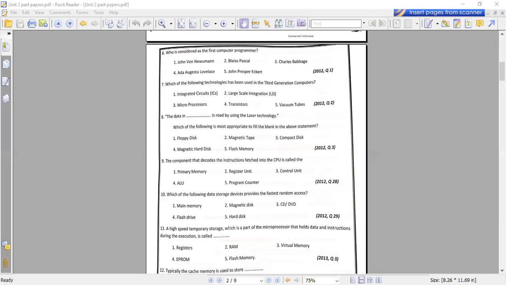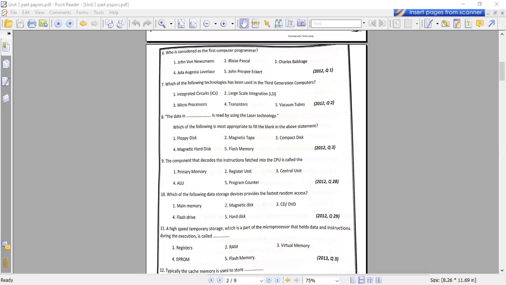I am sending the polling again. From question number 11 to 20. I have launched the polling. පටන් ගන්නකොට mark කරන්න.